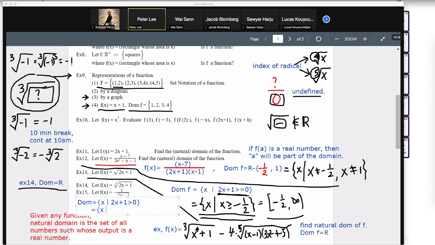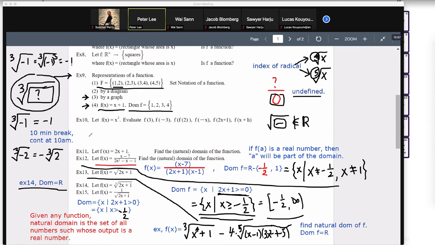So x is going to be bigger than negative 1 over 2. Okay, so that is the domain. That is the natural domain, the largest possible domain, which is called the domain.